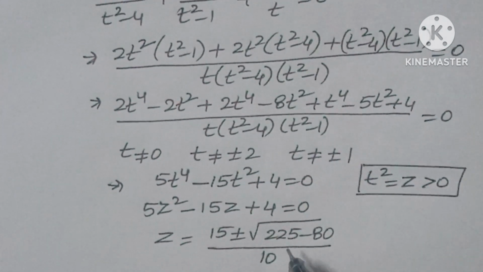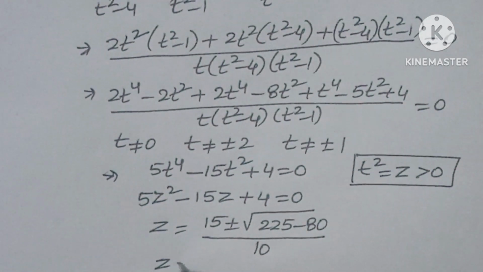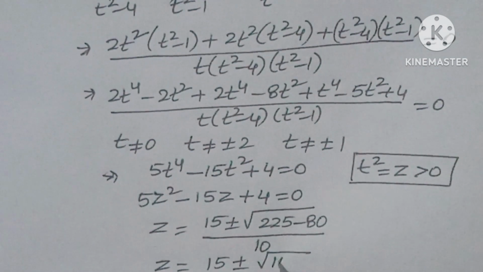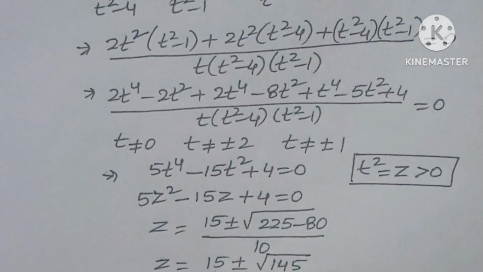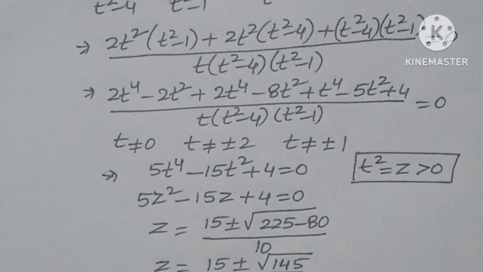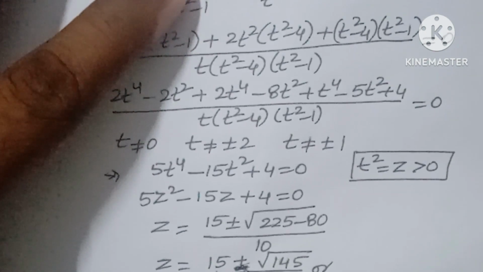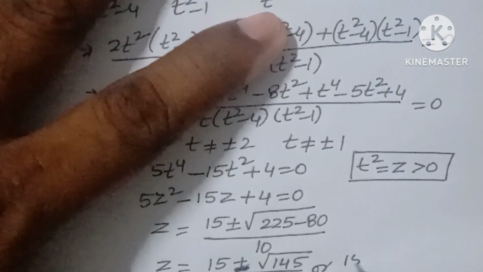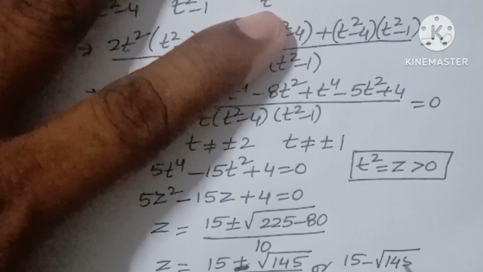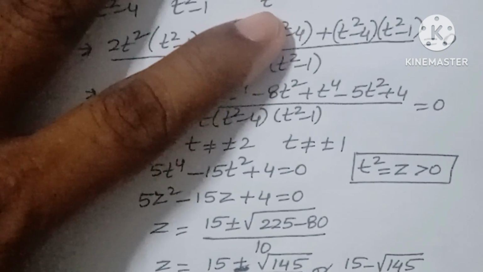So here z is equal to 15 plus or minus root of 145 by 10. So here we'll get two values; here I am writing only plus, and 15 minus root of 145 by 10. So these are the values of z.